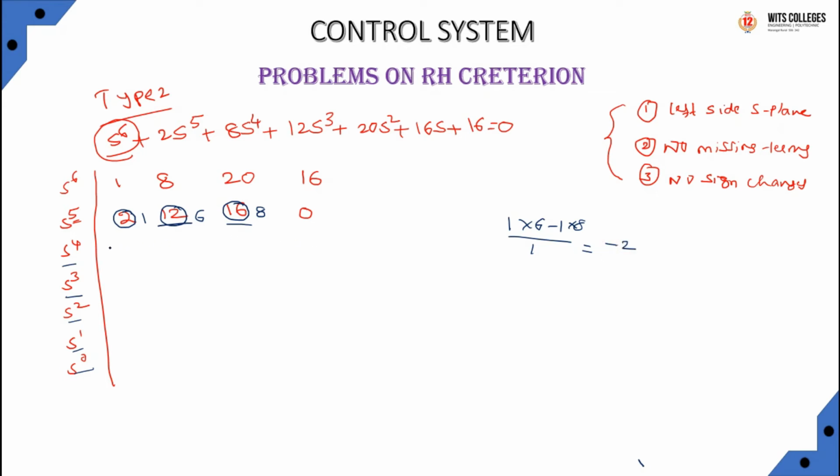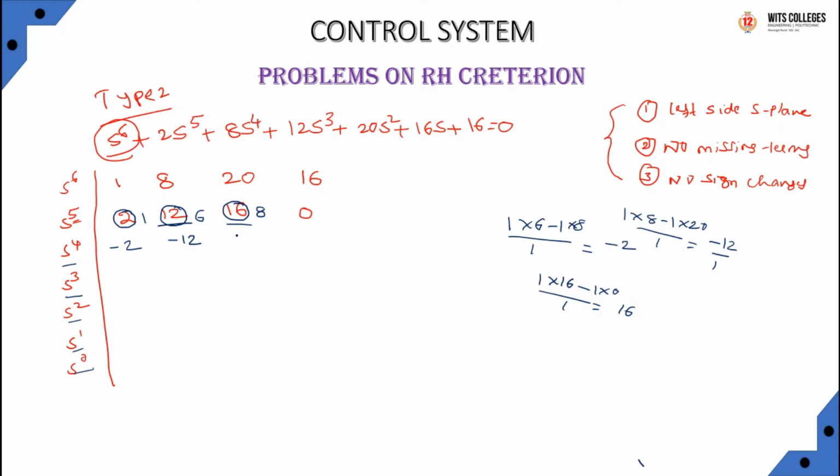Next, 1 into 8 minus 1 into 20 by 1, that is minus 12 by 1, which is minus 12. Then 1 into 16 minus 1 into 0 by 1 is nothing but 16.